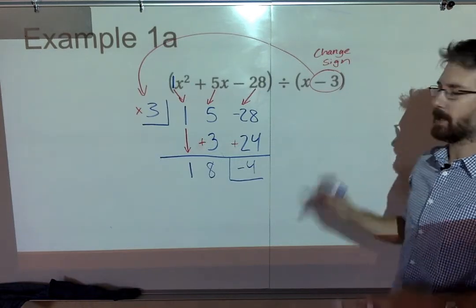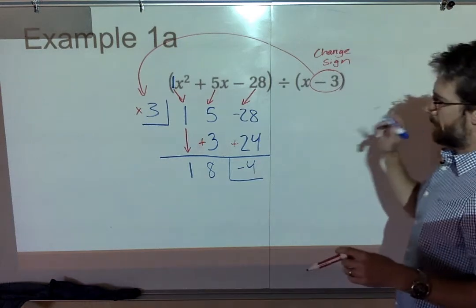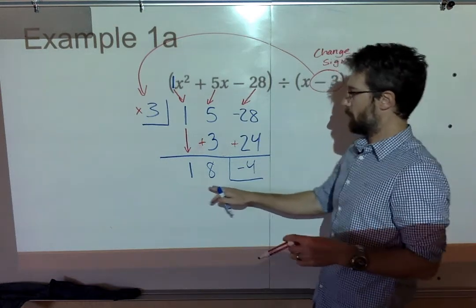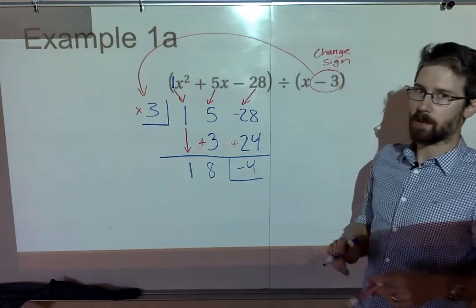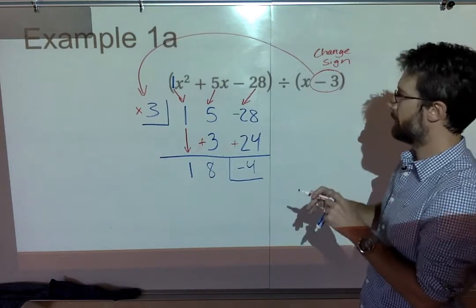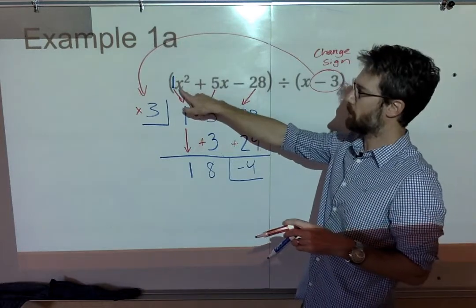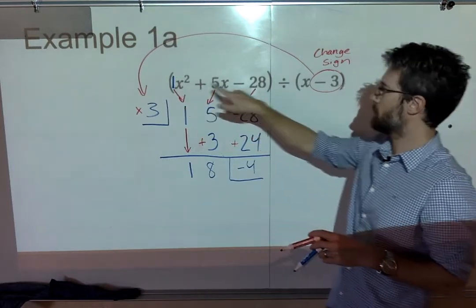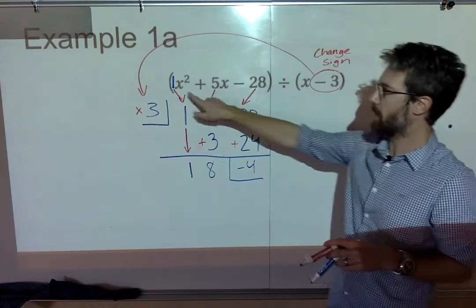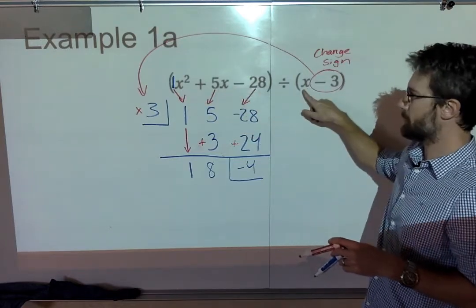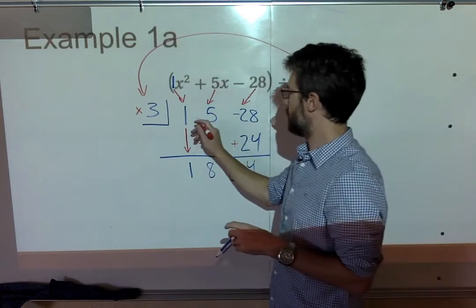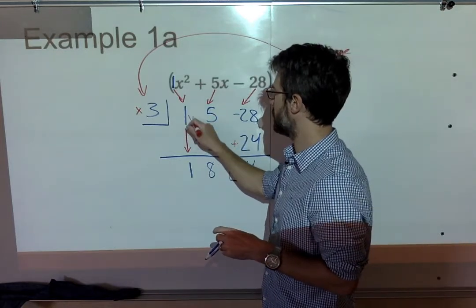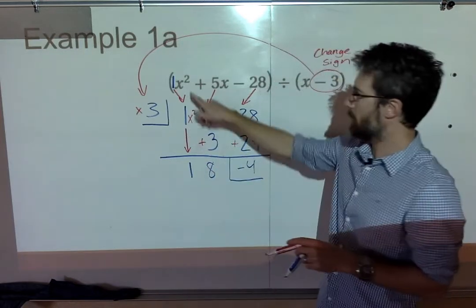All right, so now we did all the math part. Now it's just rewriting the answer. So the way this works, these are coefficients of our new polynomial. Essentially what we've done is we've divided x squared by x. We've divided all of these things by x, right? This 1 represented the coefficient of x squared in this polynomial.